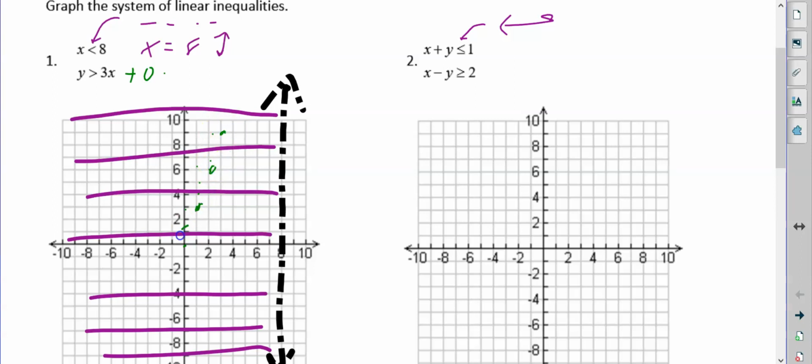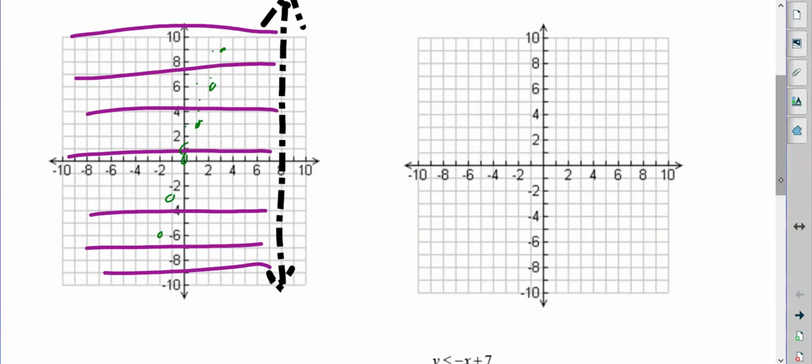You're not going to lose points for this, but technically they are. Then down 3, left 1, down 3, left 1, and so forth. And the more dots you put, the easier it is to draw that line. And then I'm going to connect that like so.